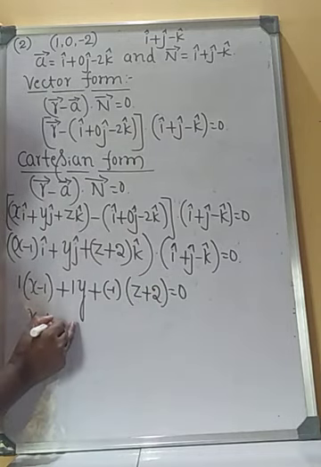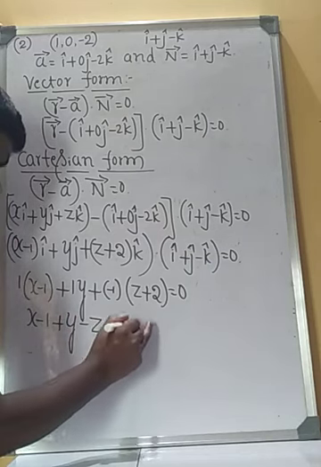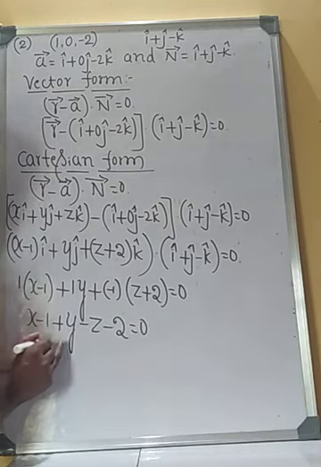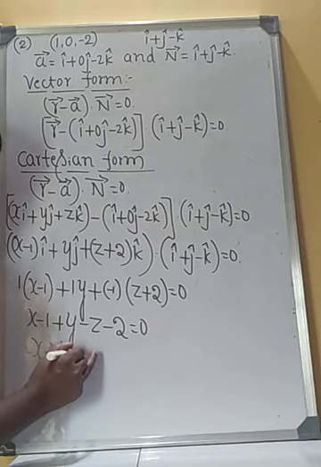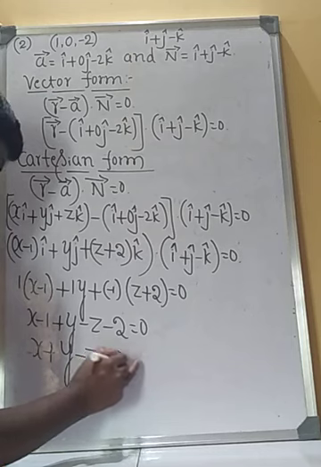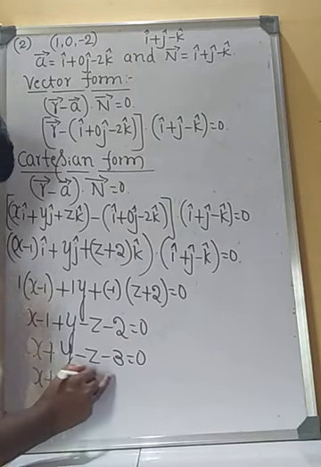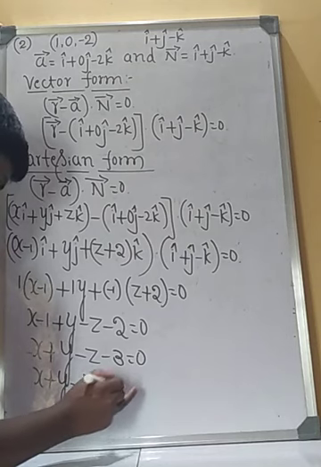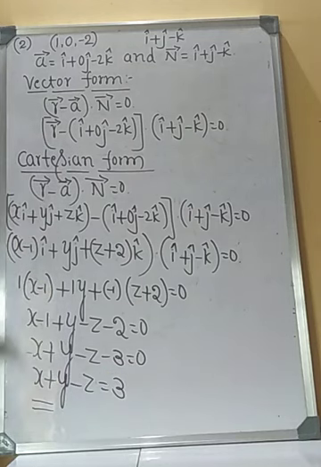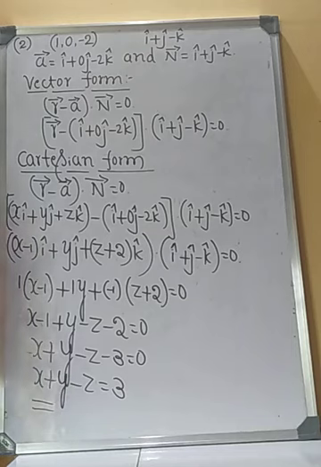Therefore x minus 1 plus y minus z minus 2 equal to 0. Therefore x plus y minus z minus 3 equal to 0. Therefore x plus y minus z is equal to 3. So this is the Cartesian form of equation of plane.